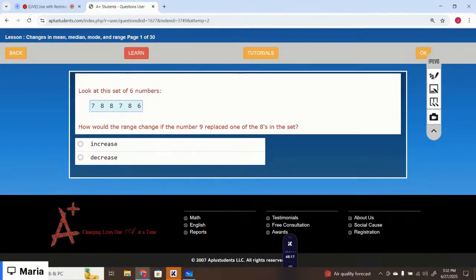Look at the set of six numbers. How would the range change if the number 9 replaced one of the eights in the set?